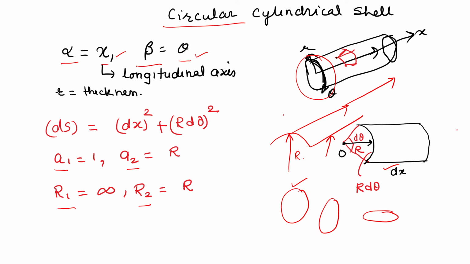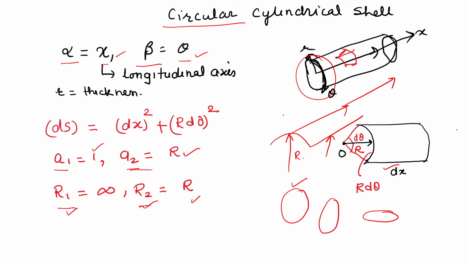So, A1 is 1, A2 is R. Generally we represent it with a capital R. In the case of a circular plate, we represent this with a small r, and here R1 is infinity and R2 is R.